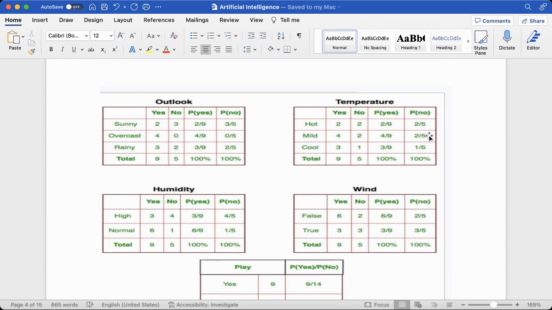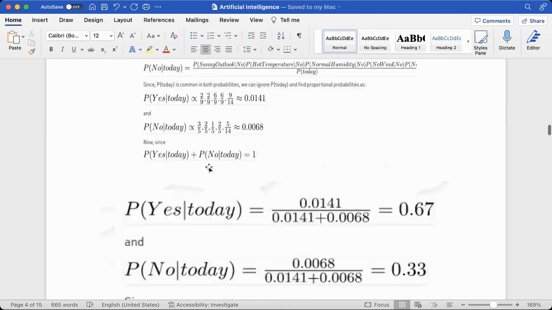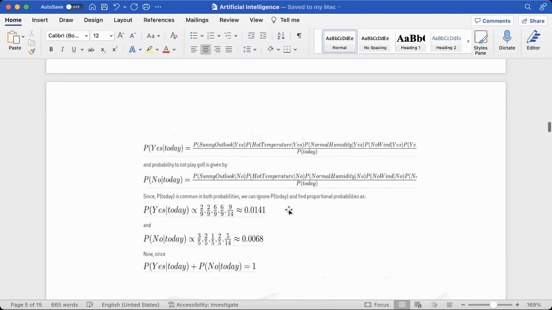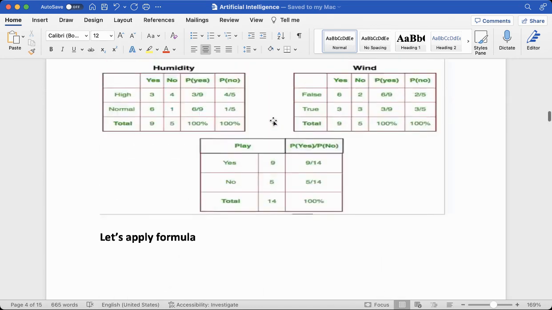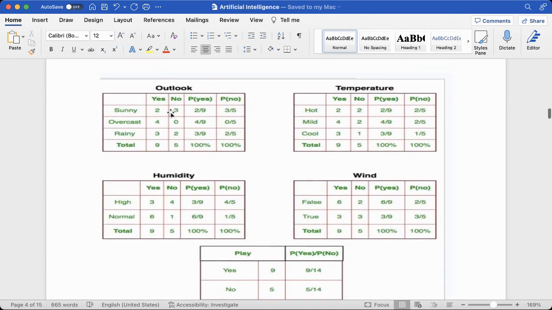It all comes this way actually. When we put the value for the 2/9, we are calculating the yes for the outlook, and if we come to the outlook we can see that 2/9, right?